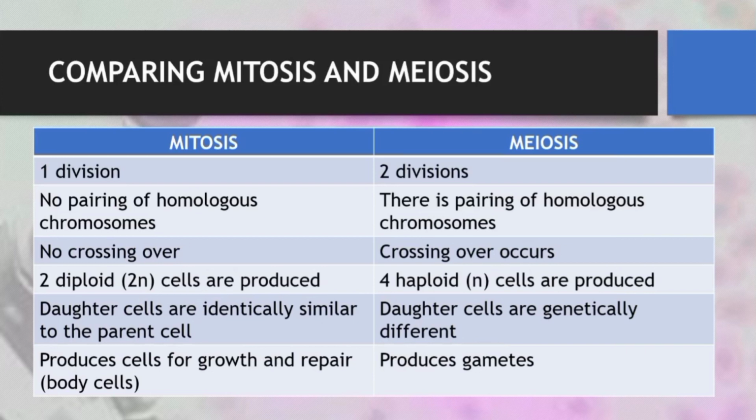And for mitosis, ilan ang produce na cells? Dalawa. And these cells are diploid or with complete set of chromosomes, 46 kapag tao. In meiosis, 4 haploid cells are produced. Haploid, pag sa tao, 23 chromosomes. Then, in mitosis, this is very important, daughter cells are identically similar to the parent cell. Okay? So, exactly magkatulad yung cells na produce.